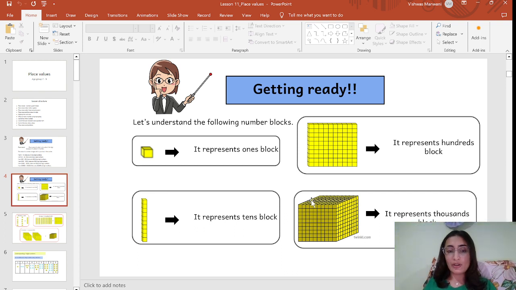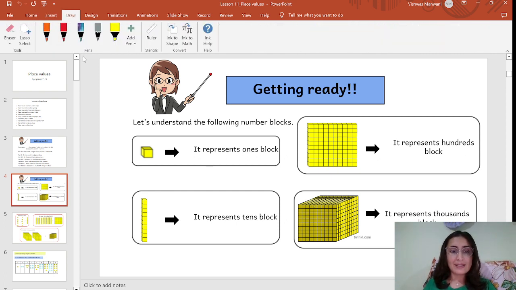If you look here carefully, this single block that is drawn here represents the ones digit. Now, when you combine 10 such blocks, we get the tens digit, which is also represented by a line.